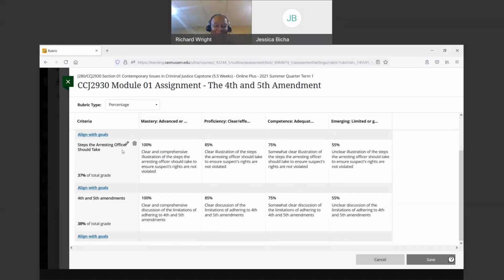Steps the arresting officer should take: a clear and comprehensive illustration of the steps that an officer takes to ensure that the rights are not violated. And then finally, a clear and comprehensive discussion of the limitations of the Fourth and Fifth Amendments.